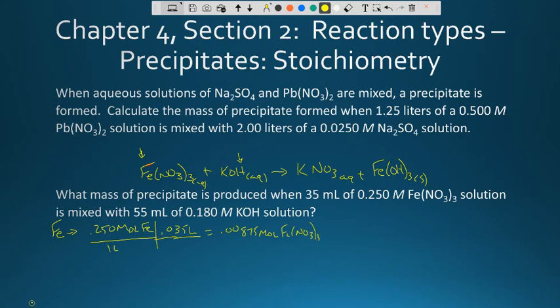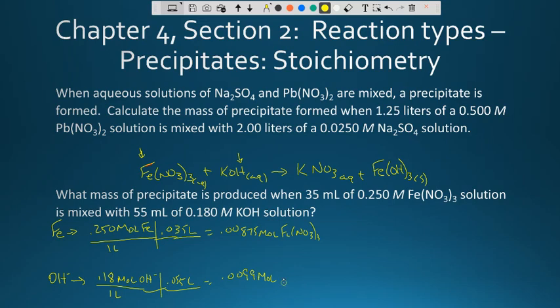Okay, so then we take a look, and I've got my hydroxide that we're tracking, and we started with 0.18 molar, which means I have that many moles of my hydroxide per liter, but I don't have a liter, do I? I have 0.055 liters of solution. That gives me 0.0099 moles of, let's see, my iron hydroxide.